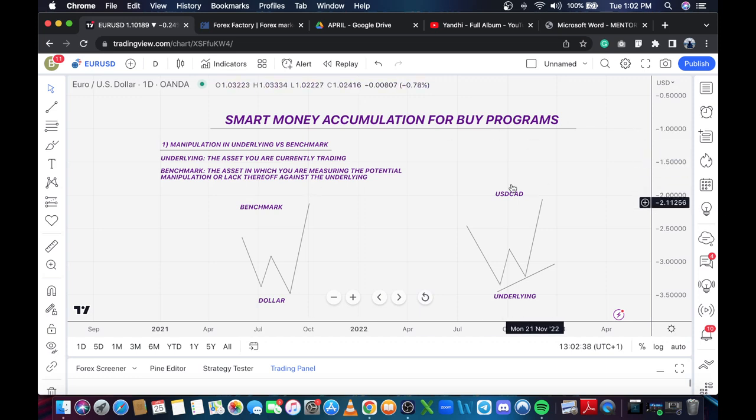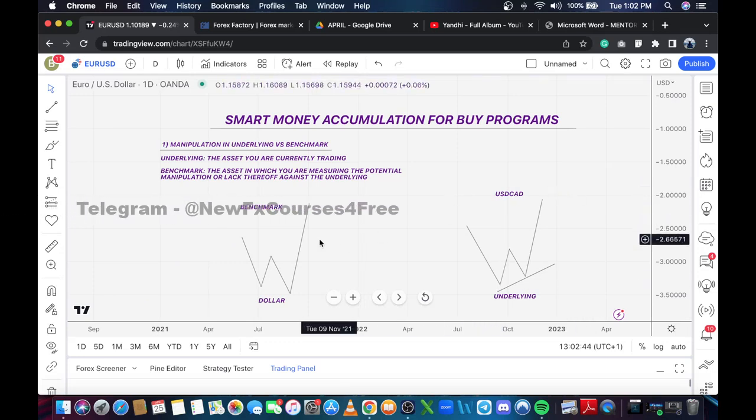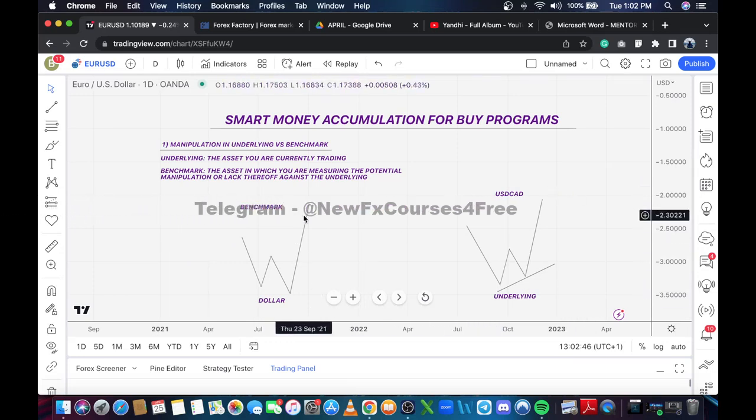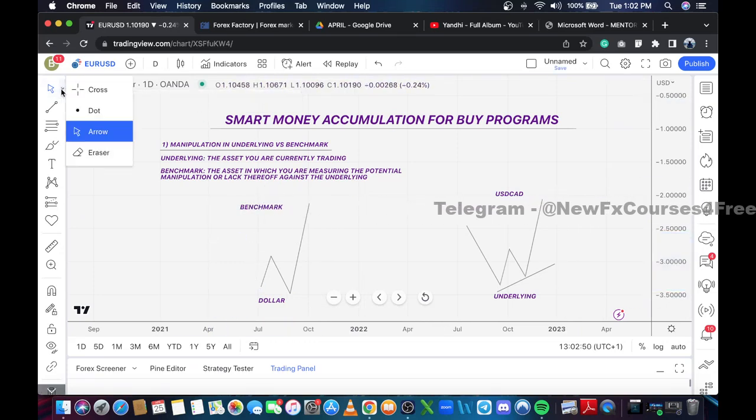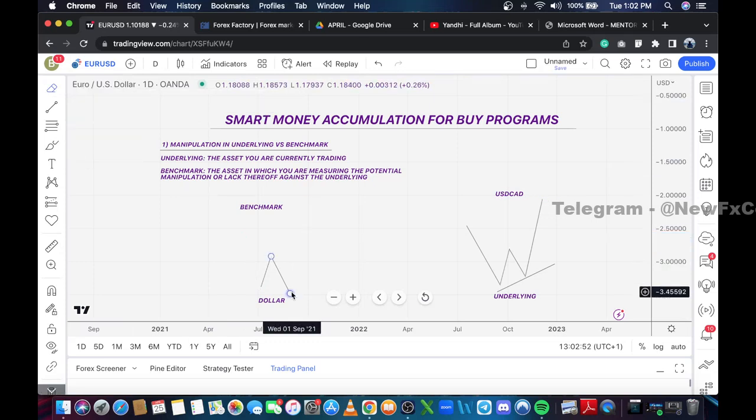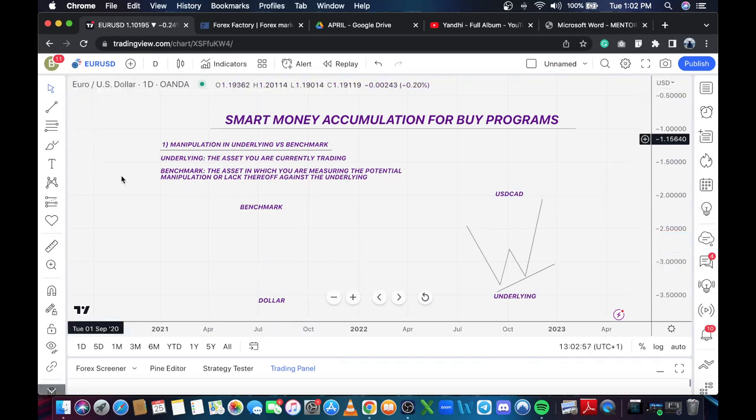Or if we're using USD CAD, I think we should just stick with USD CAD, because me mentioning different assets is a little bit confusing. So if we see dollar making higher highs in price as the benchmark, I'm going to stick with USD CAD for now, so you guys don't get confused by me saying different assets.